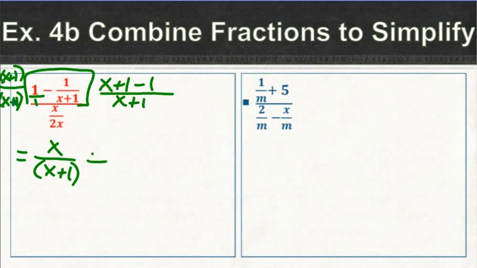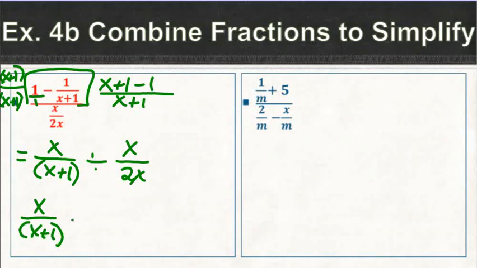They want you to divide that numerator by the denominator of x over 2x. When I divide by a fraction, I'm really multiplying by the reciprocal. I'm multiplying it by 2x over x. And I can check to see if there's anything in common. There is.